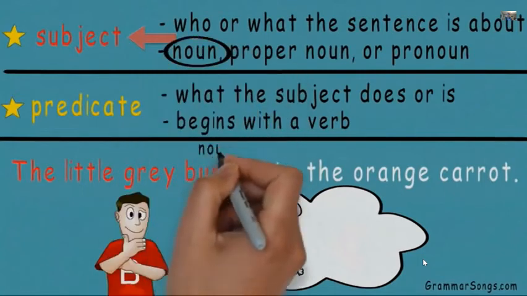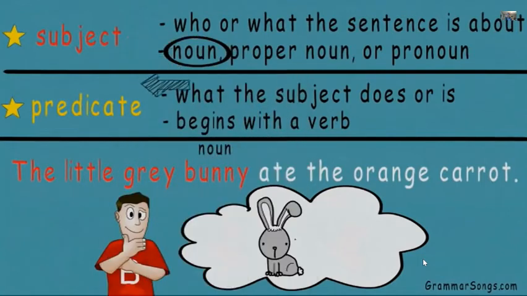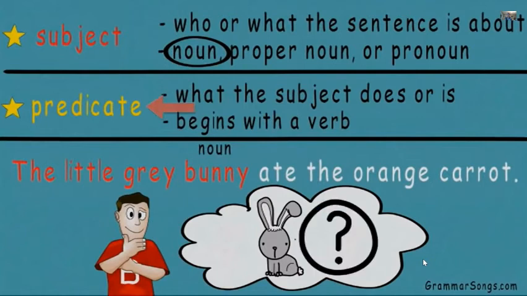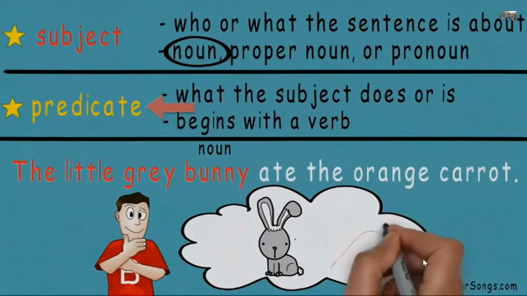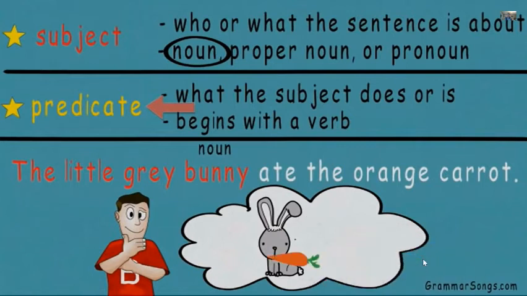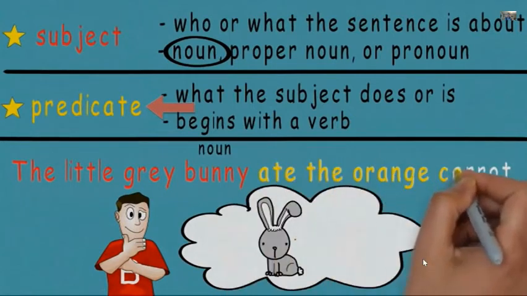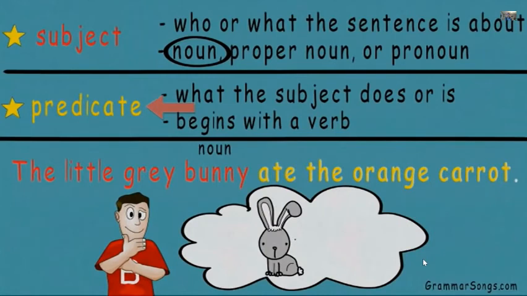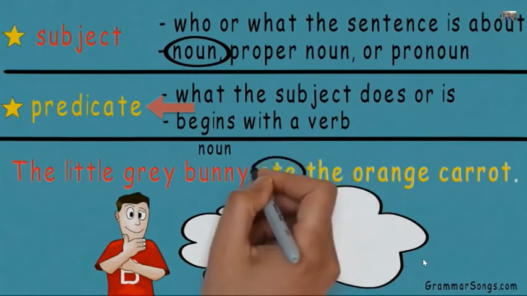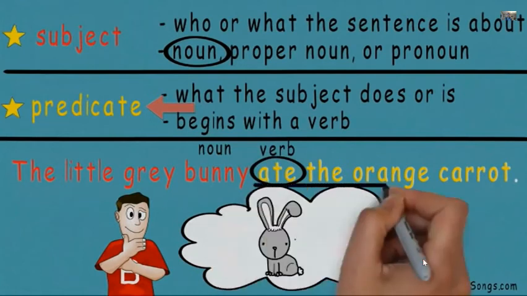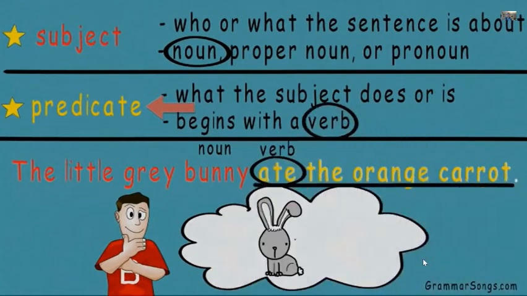A bunny is a noun. Now I need to find my predicate. What did the little gray bunny do? He ate the orange carrot. Ate the orange carrot is my predicate. Ate is a verb, so my predicate, ate the orange carrot, begins with a verb.